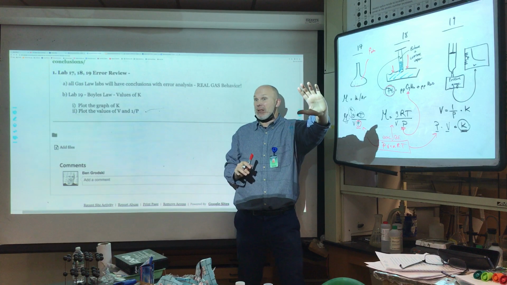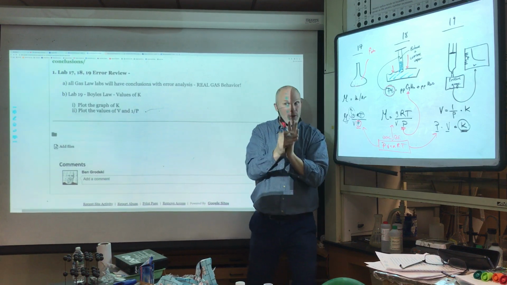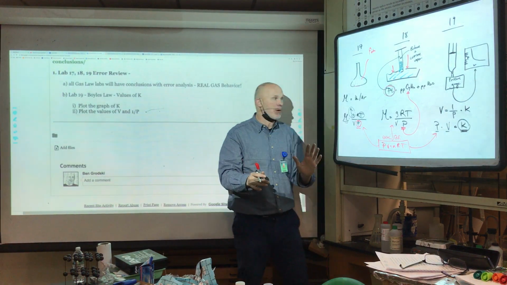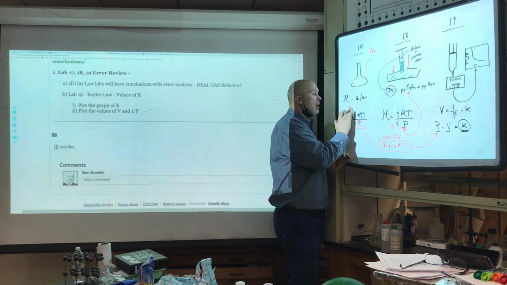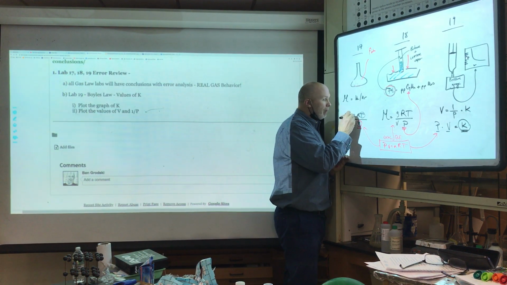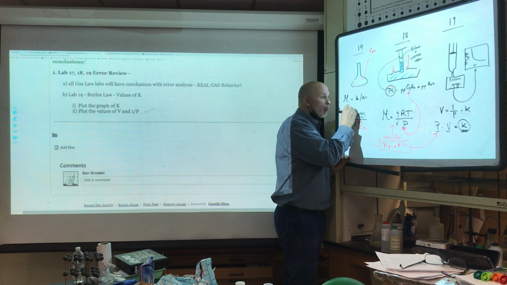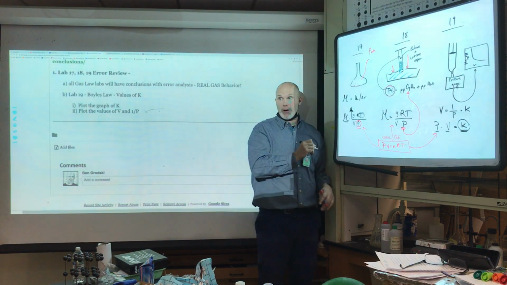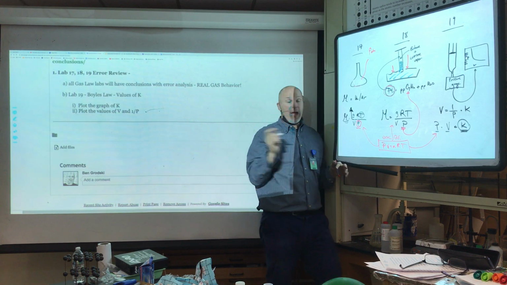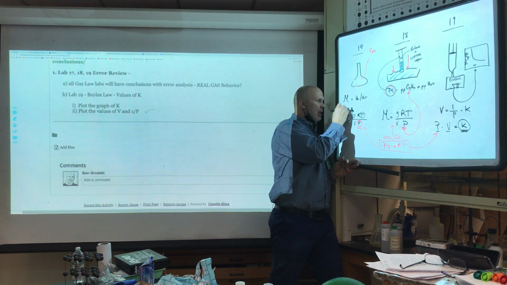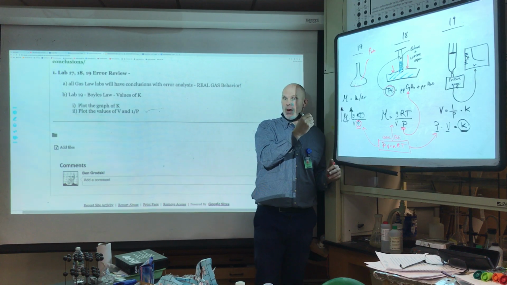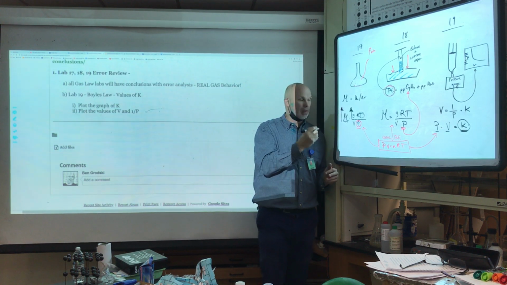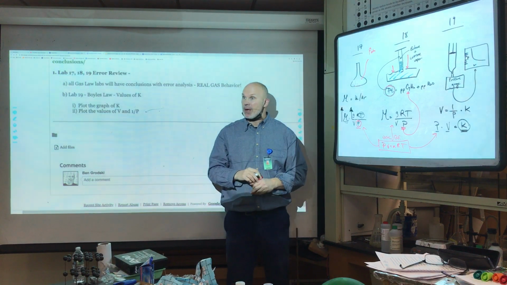Assuming you fill them up and didn't leak any, the difference is the grams of the gas, once you have the evacuated flask, using the density stuff that we talked about. So because this gas is real, we need more grams to achieve that pressure, which is going to lead you to a calculated molecular mass that is overvalued, a larger value than it should be. That is the error in this lab.